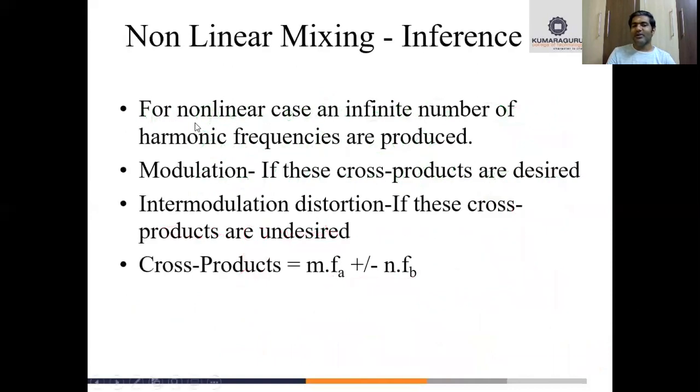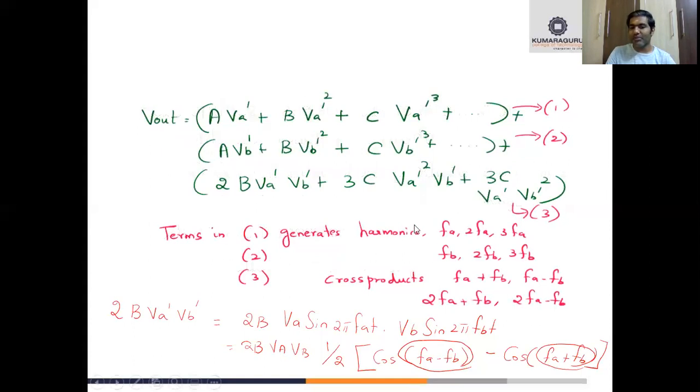Okay, that is what. For nonlinear case, an infinite number of harmonic frequencies are produced. Okay, and you also have cross products as well. So in case of a nonlinear mixing with two inputs, two conditions are happening. One is called your harmonic distortion, the other one is called cross product. You see this expansion, you have both harmonic distortion and cross product distortion.